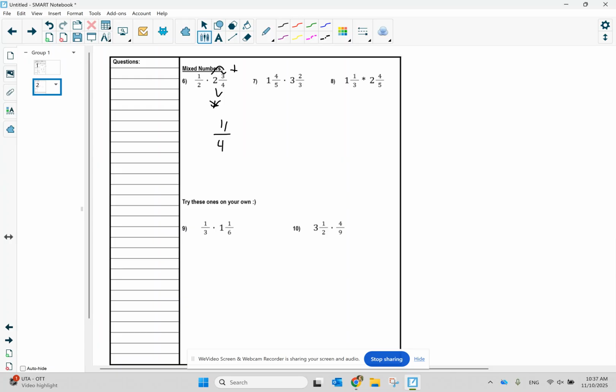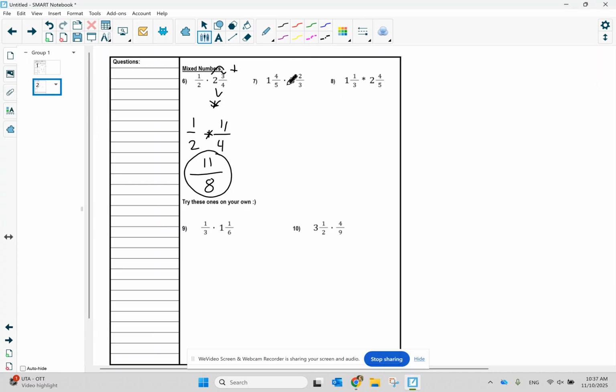The bottom number stays the same. That denominator stays the same. So 2 3/4 is the same thing as 11/4. And I'm going to multiply that times 1/2. Now that we have just one number over another number, we can just multiply across like we did before. So 1 times 11 is 11. 2 times 4 is 8. And that would be our final answer.